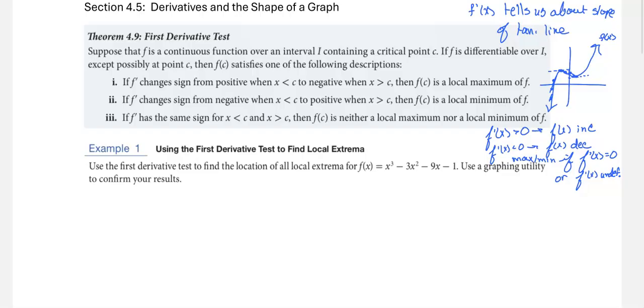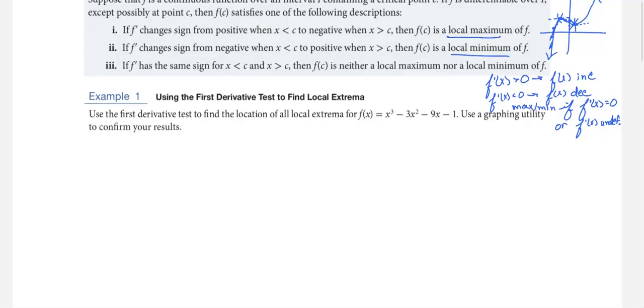Now, if the sign changes from positive to negative, which is what's going on in this piece of the graph here, if I change from positive slopes to negative slopes, so we're increasing and then decreasing, at that point of change we're going to have a maximum value. If we go from decreasing to increasing, then at that point of change we're going to have a minimum value.